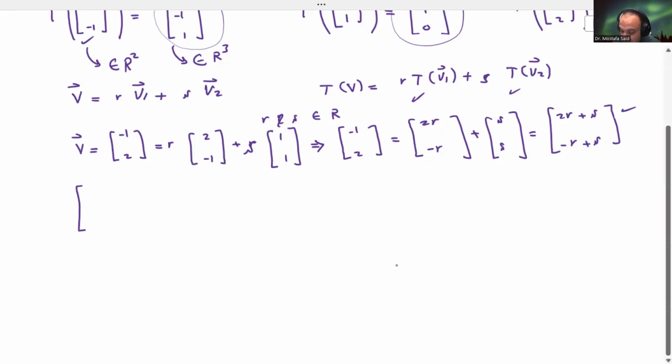The first equation is 2R plus S, equal to -1. The second equation is minus R plus S, equal to 2. The constant vector is basically (-1, 2). Let's switch the two rows to make the pivot equal to 1.